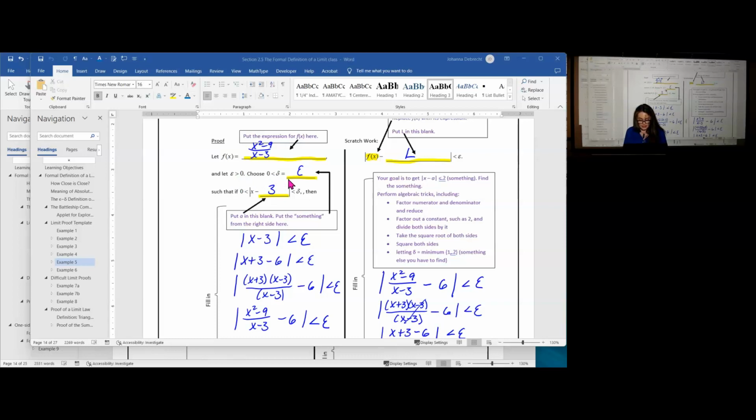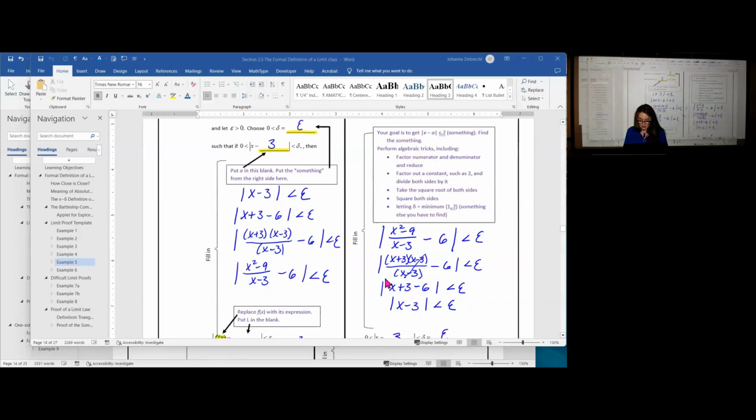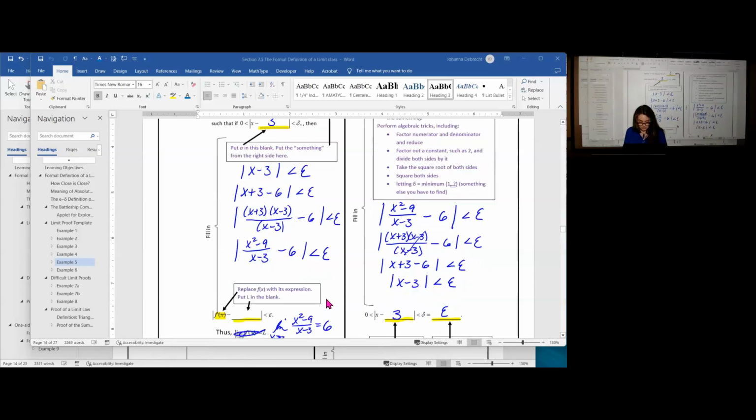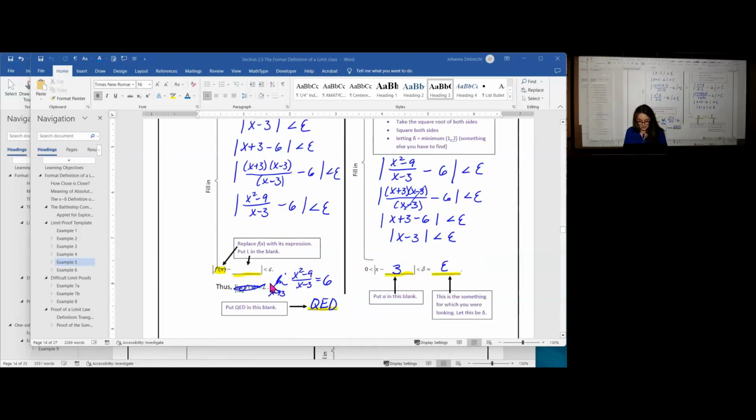Choose 0 less than delta equal to epsilon, such that if 0 is less than the absolute value of x minus 3 less than delta, then repeat the steps that you did on the scratchwork side, but in reverse order, ending with the representation of the function minus the L value. Finally, restate the limit that you were trying to prove and write QED.